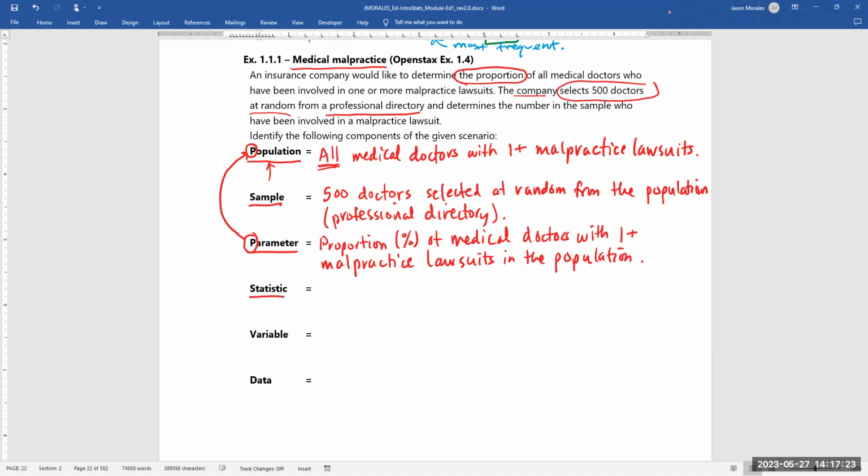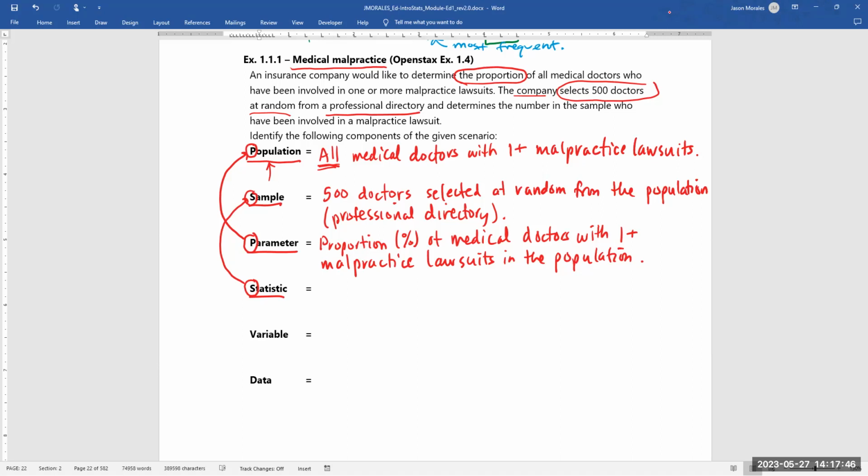Okay, next, statistic. A statistic is a descriptive statistic that describes the sample. Now remember the relationship between a population and sample. We're really interested in some property of the population, but a population is too large.